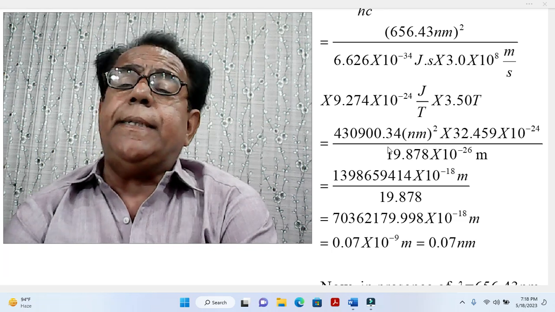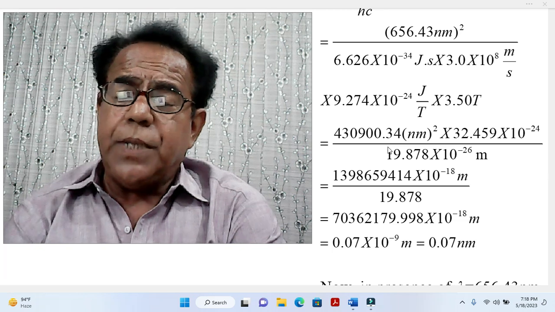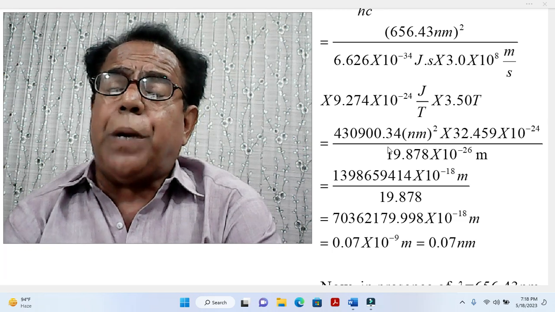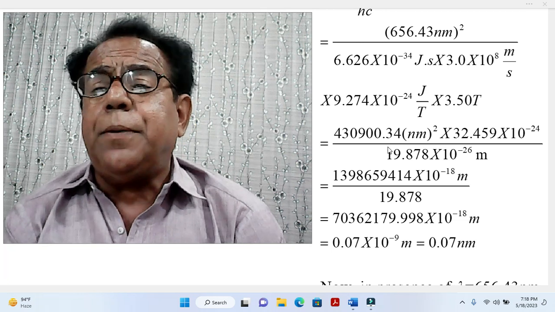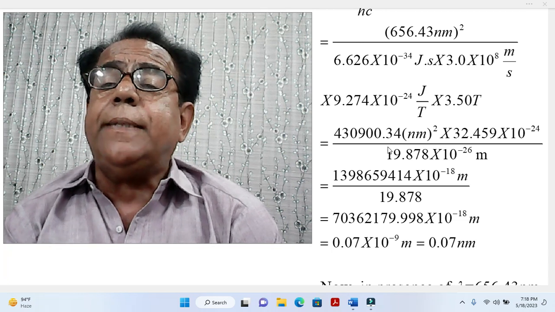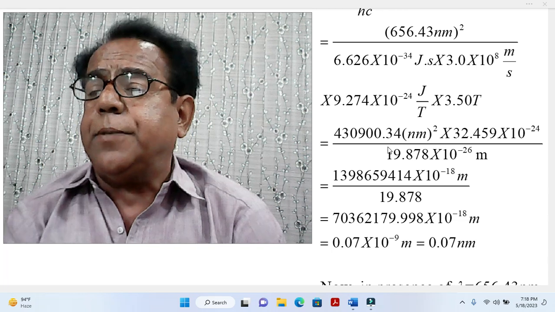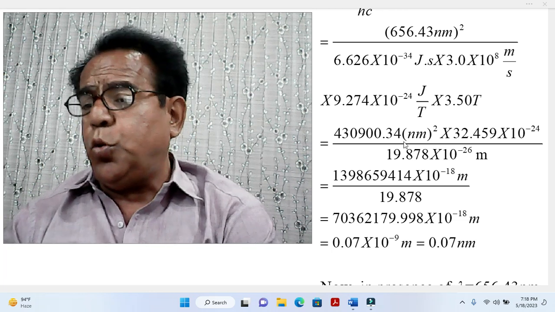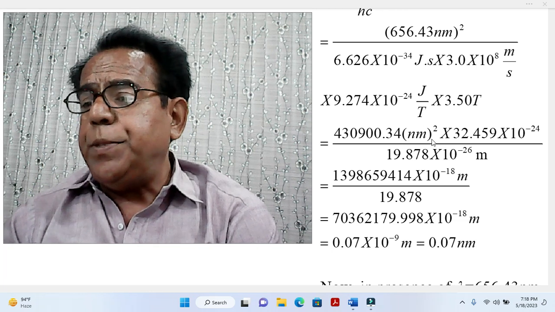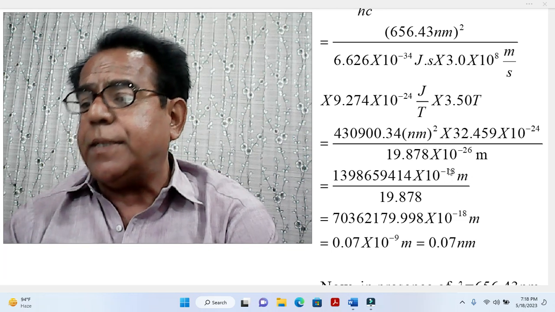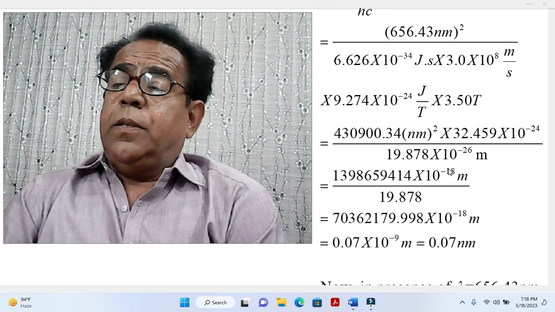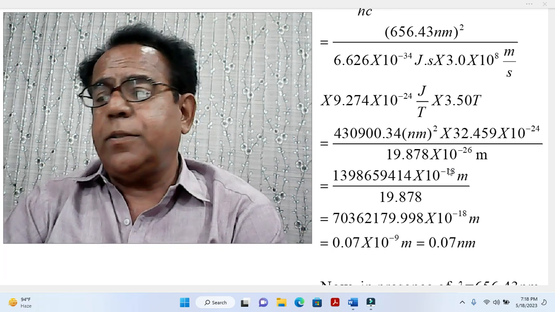Nano means 10 to power minus 9. Nanometer means 10 to power minus 9 meter. And nanometer square means 10 to power minus 18 meter. So, in place of nanometer square, we have used 10 to power minus 18 meter.